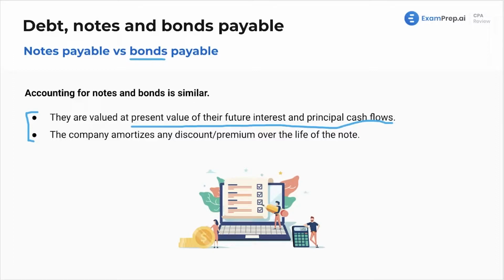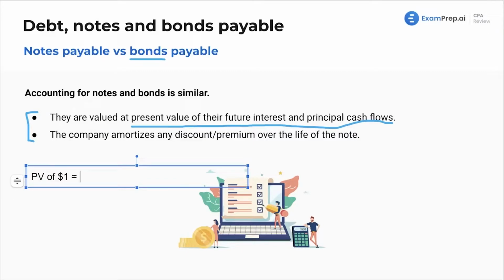Now, I'm going to take this time to demystify a little bit more about the present value factors. Now's a good time. Let's go for it. So if you see present value of $1, I want you to get that memorized in your mind. That's for lump sum payments.